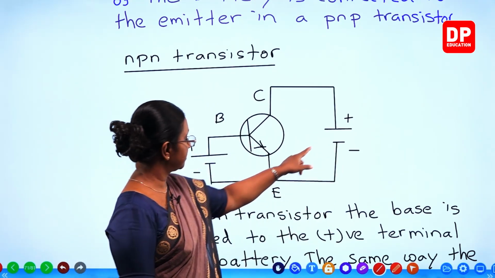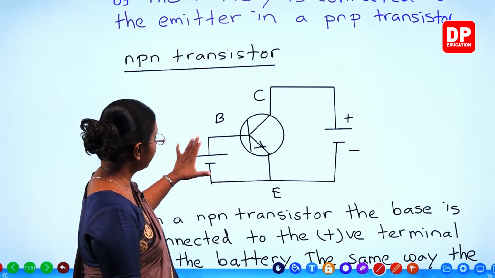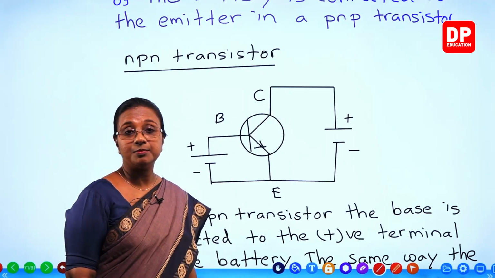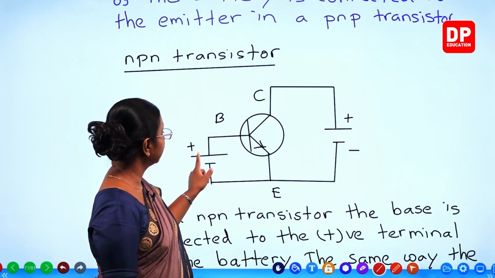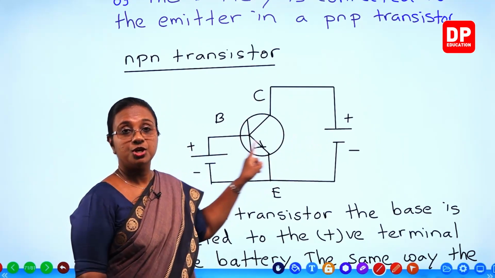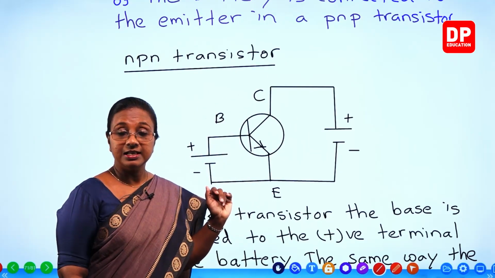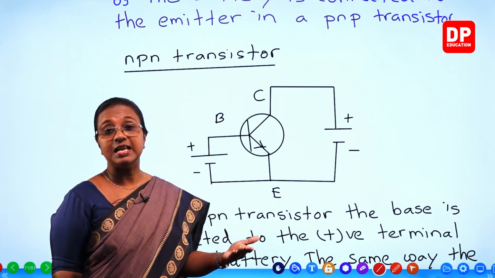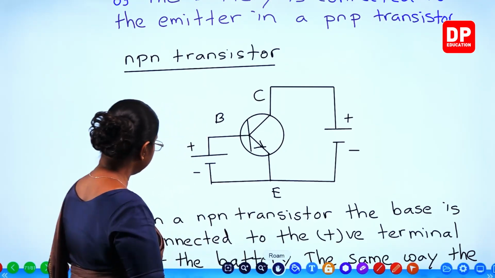In both instances, it is connected to the negative terminal. And we supply a small potential difference here while we supply a greater potential difference there. Always base and collector are supplied with the same type of voltage. Positive potential, or in the other instance, if it is a PNP transistor, both have to be negative. Is that clear, students?